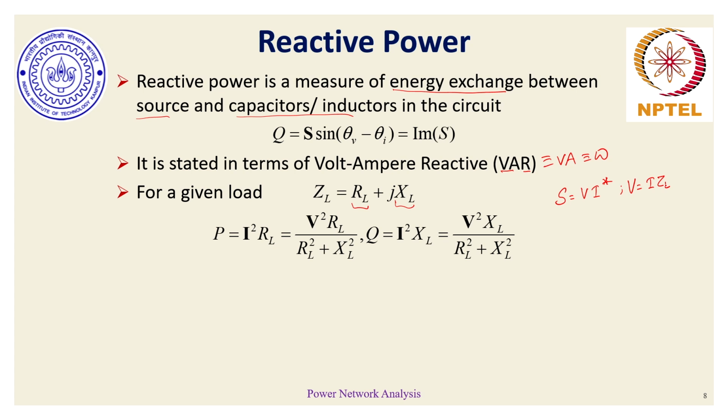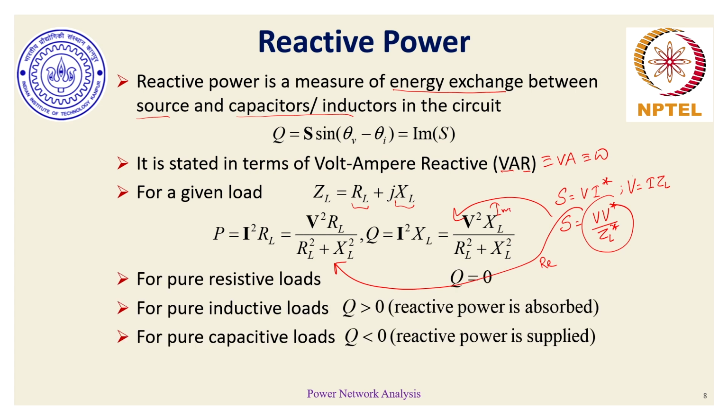And now if we substitute I in terms of V by ZL, we would get S as V into V conjugate by ZL conjugate, which if we further expand would result in a complex number from which if we take the real part, we get the corresponding real power, and if we take the imaginary part, then we get the corresponding reactive power expression.